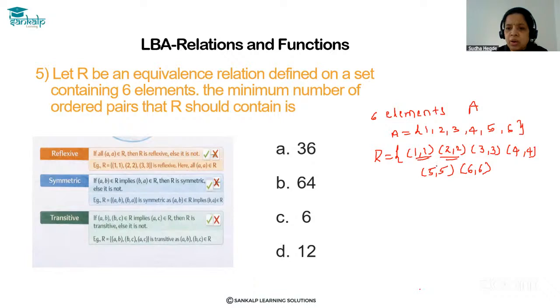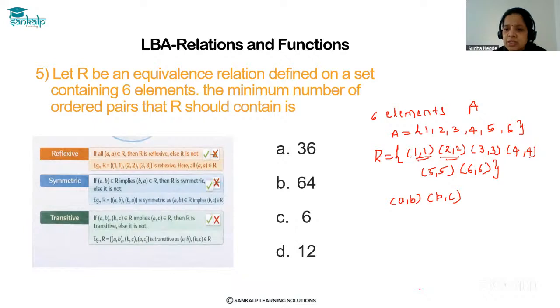We have seen already, if we don't have pairs like (a,b), (b,c) in R, then we can assume it as a transitive relation. So we need not consider any other elements. This relation R is reflexive, symmetric, and transitive. Hence, it is an equivalence relation.